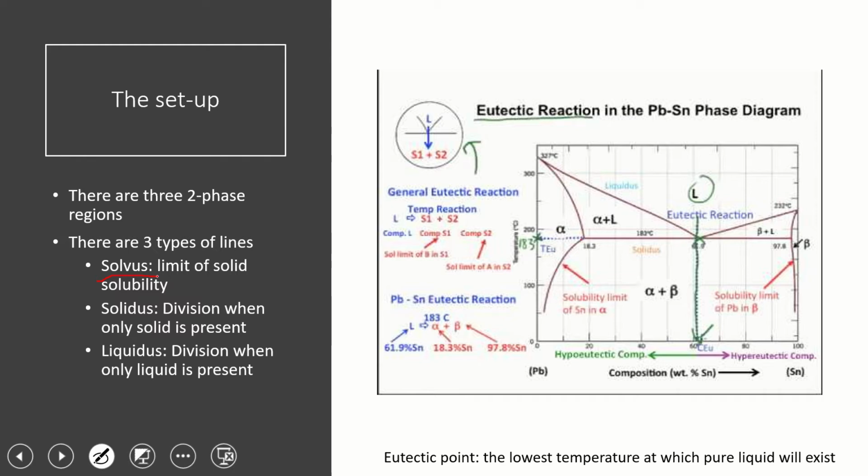The solvus line happens right here, and the solidus line is a division when only solid is present. So the areas when only solid is present are this one, and this one. So it would be right here.